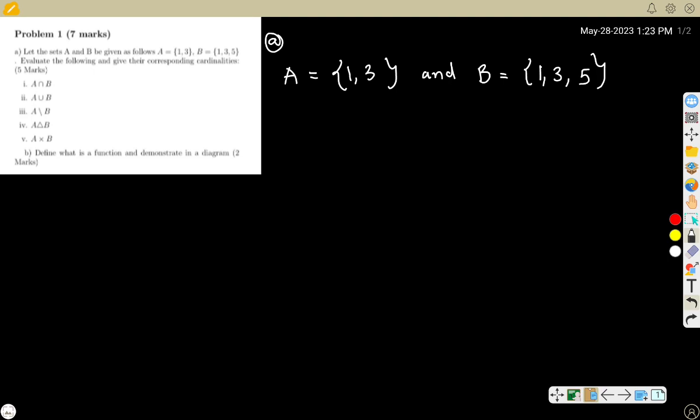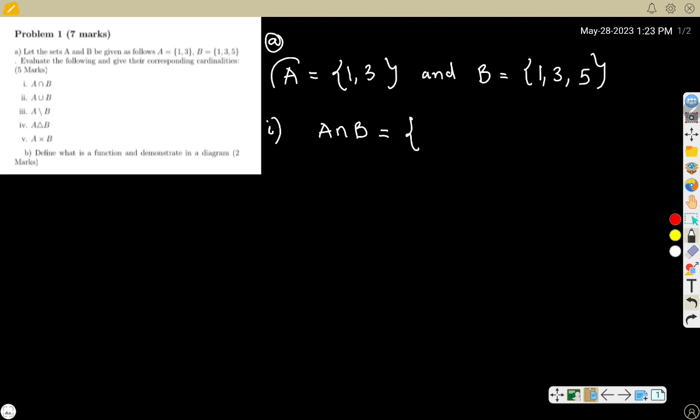So for the first one, we have I, A intersection B. So what is intersection? Intersection means the elements you can see in both sets at the same time.